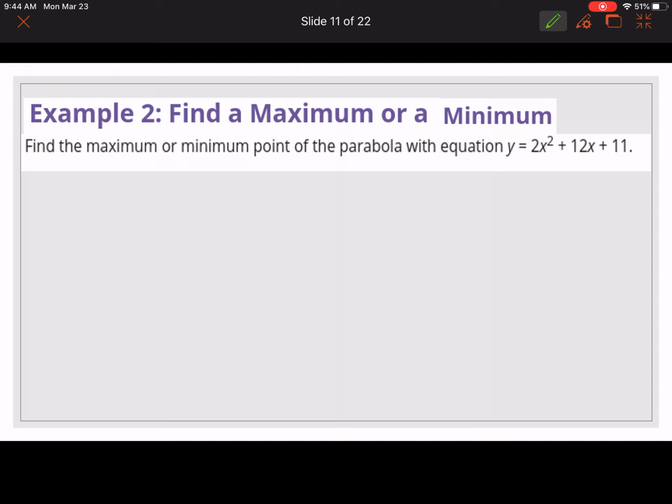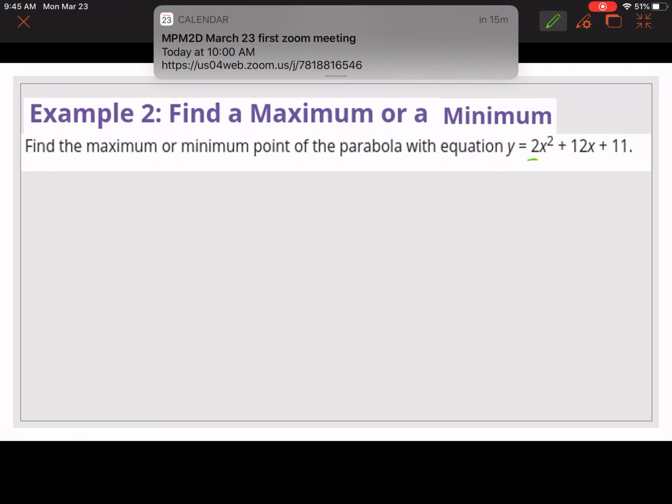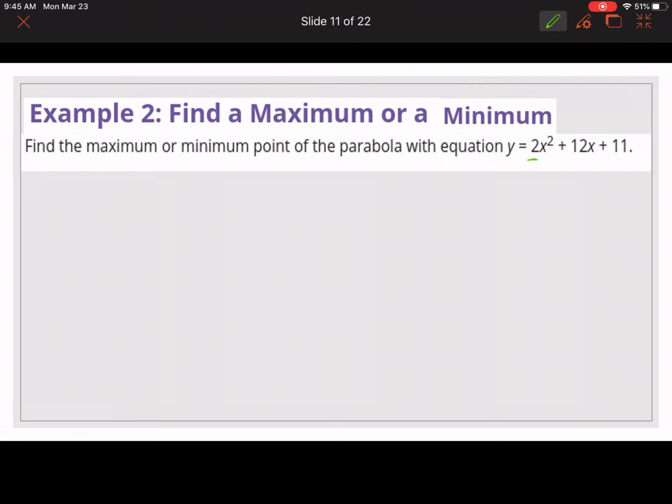Okay, problem 2. Find the maximum or minimum point of the parabola. This one is going to be different because now we have an a term. So maximum or minimum point, what does that mean first?